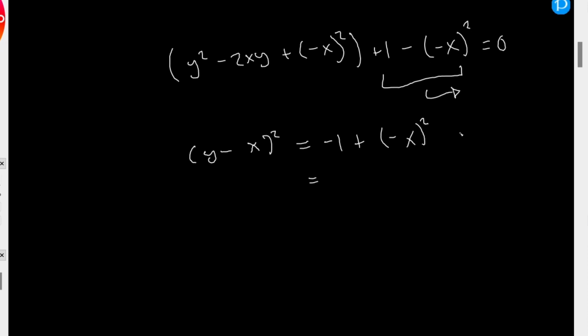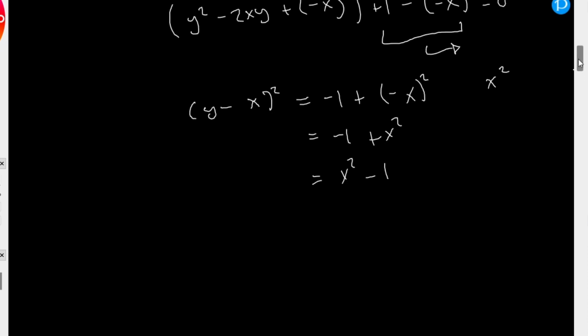The minus x squared will translate into just x squared, because a negative times a negative is a positive. So we have minus 1 plus x squared, which is a difference of 2 squares.